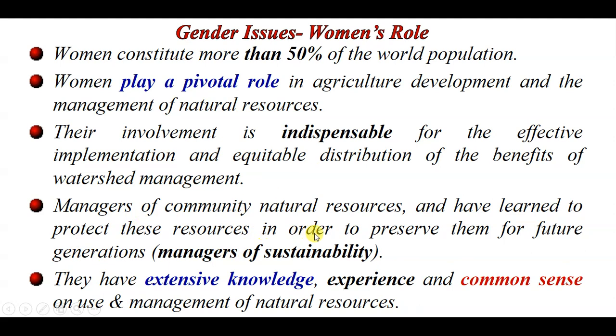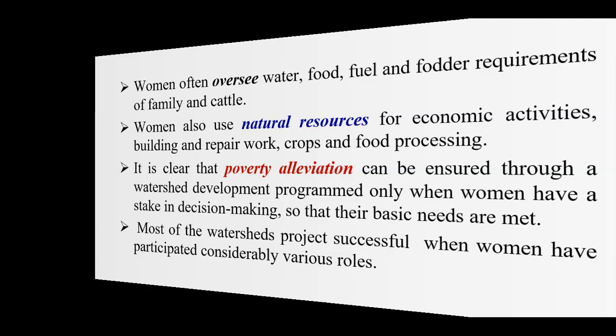They are managers of community natural resources, leading to protect these resources in order to preserve them for future generations. That means managers of sustainability. Lastly, they have very deep knowledge, experience, and common sense on the uses and management of natural resources. This is the role of women in watershed management.